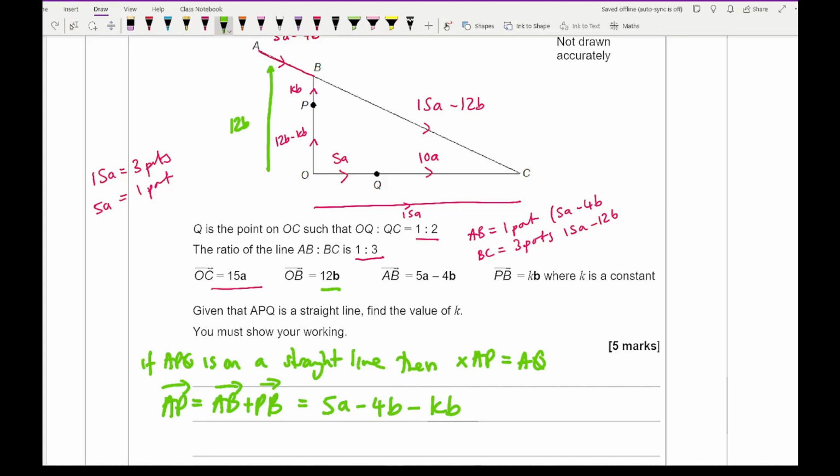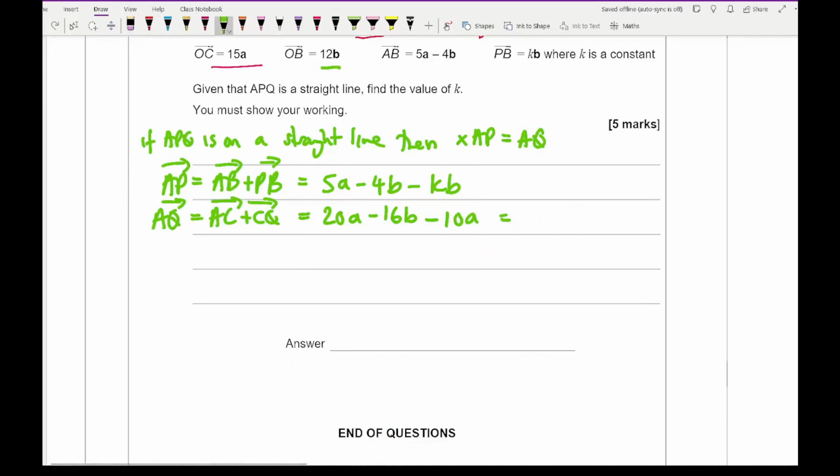And then working out what A to Q is going to be, well, to get from A to Q, I'm going to go A to C and then C to Q. So A to C is a total of 20A minus 16B. And then C to Q is going against the arrow, so it's going to be minus 10A. And if I simplify that, I get 10A minus 16B.